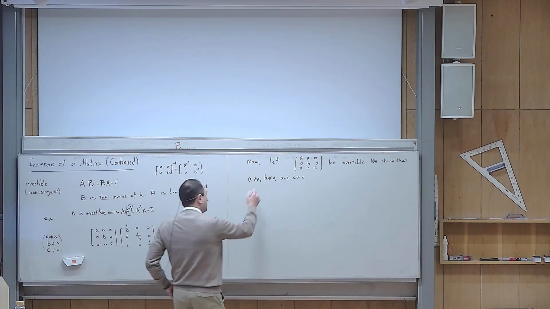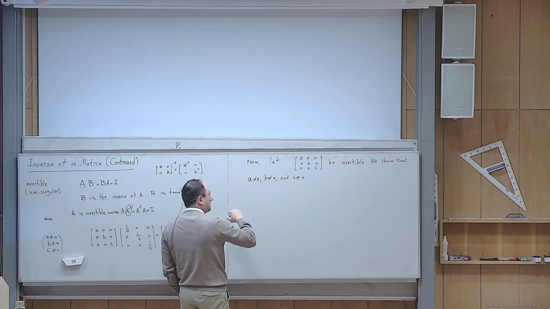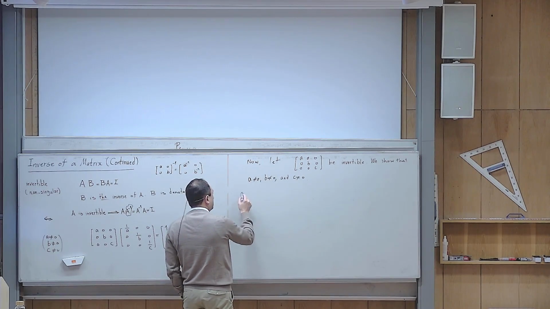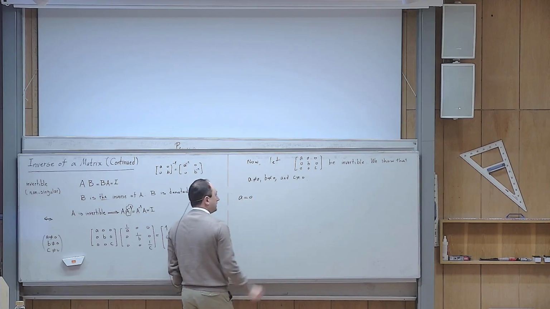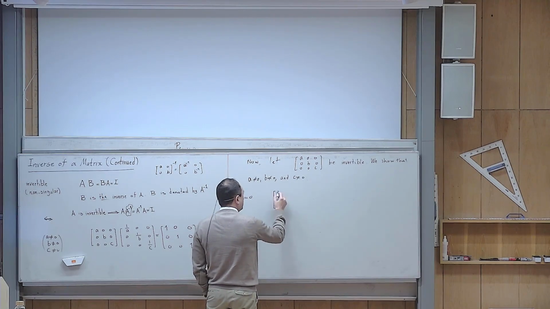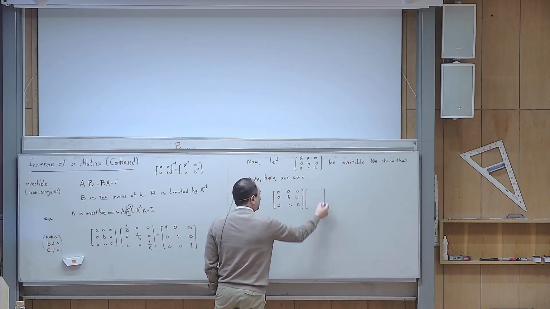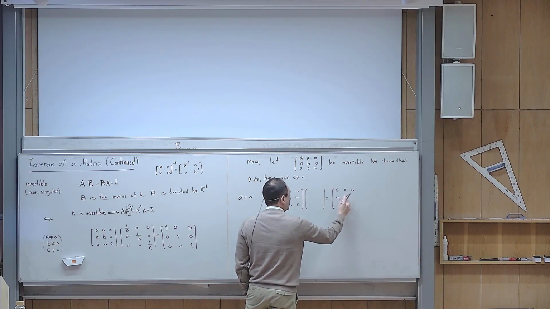So to prove this again, it's a proof by contradiction. Say this is not the case. Say at least one of them is zero. For example, A is zero. Then is it possible for me to find another matrix here so that it generates the identity matrix, 1 0 0, 0 1 0, 0 0 1?